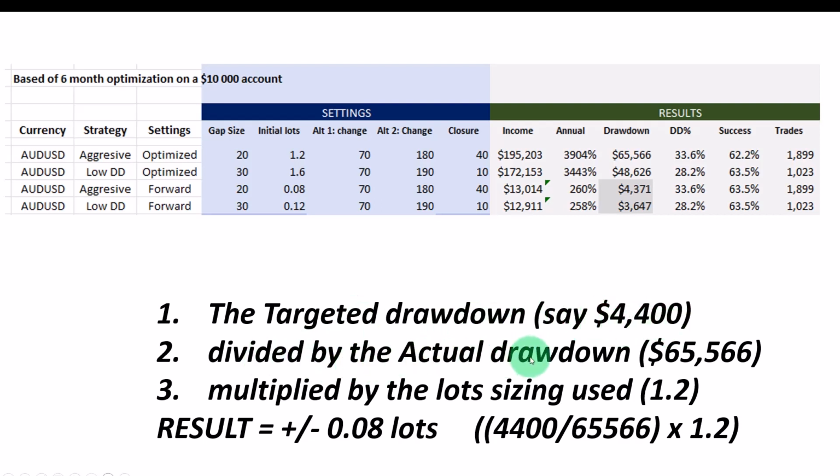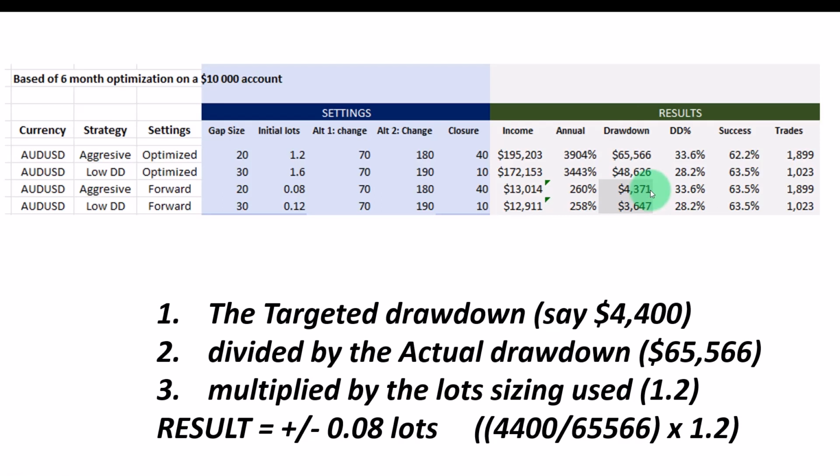You divide it by the actual drawdown to get a percentage, and then you multiply it by the original lots used. Boom, boom, boom. And you get a result, which in this case is 0.08 lots, and that's where that 0.08 lots comes from. And now, by using 0.08 lots, suddenly the drawdown drops right down to that number there.